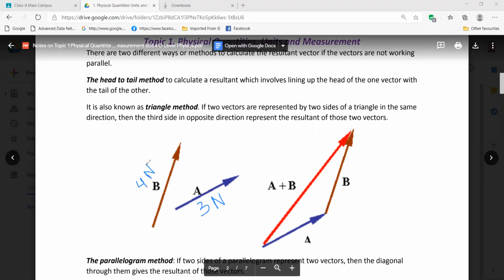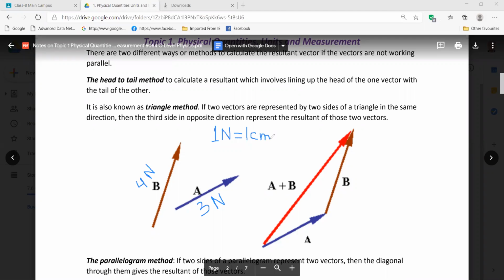So you can compare both and you can make one scale. You can do the scaling here as 1 Newton is equivalent to 1 centimeter. Is it clear?